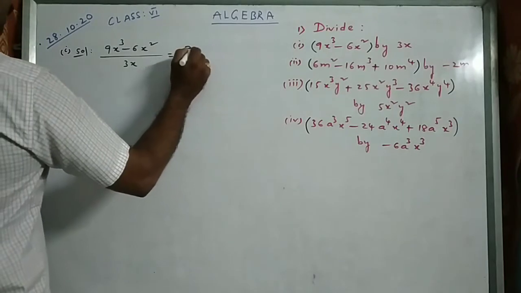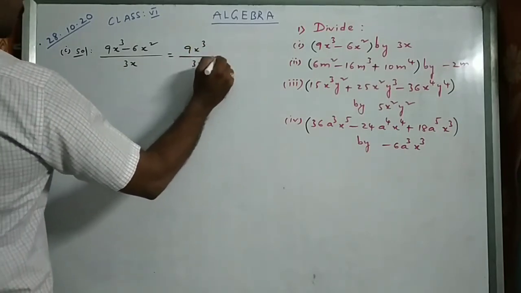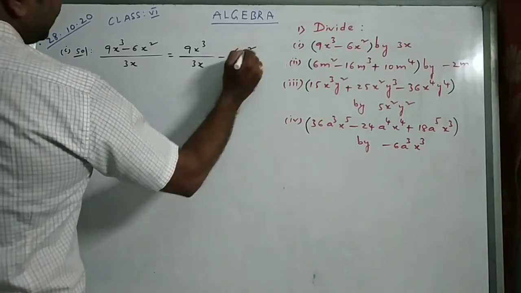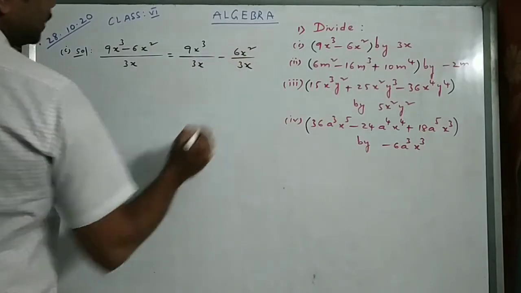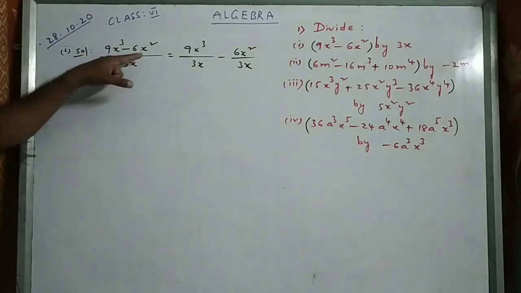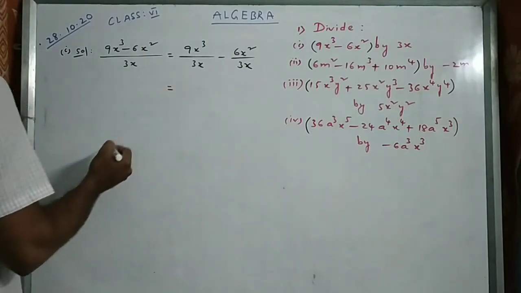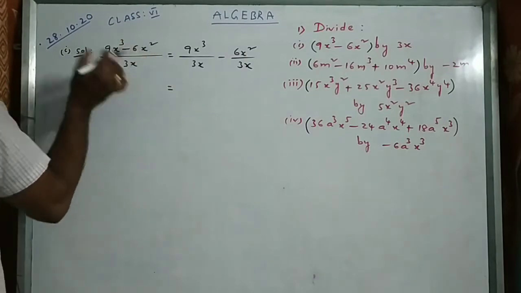That means simple, 9x cube by 3x, 6x square by 3x. Split it. First term by denominator, similarly second term by denominator. So we can split that way. Is that clear? Splitting. You can split this way.